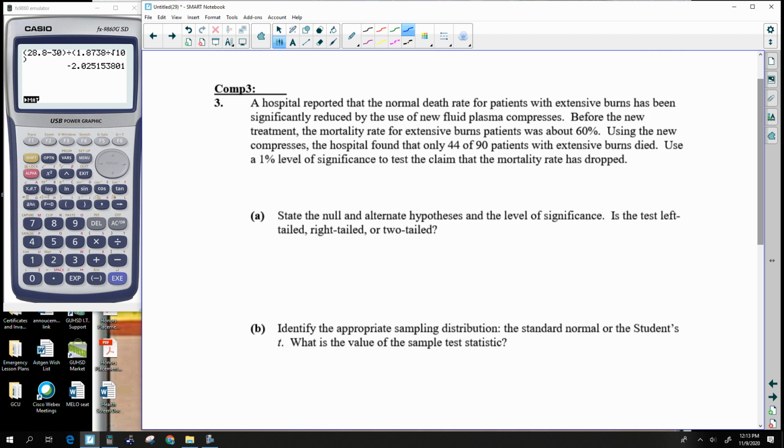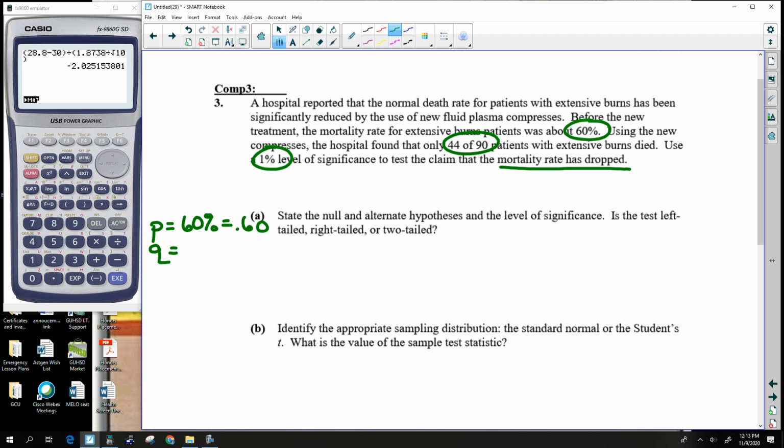Okay, this is the probability problem. Okay, so it's supposed to be 60%. We've said 44 out of 90. At 1%, has the mortality rate dropped? Okay, so that says that the probability itself should be 60%.